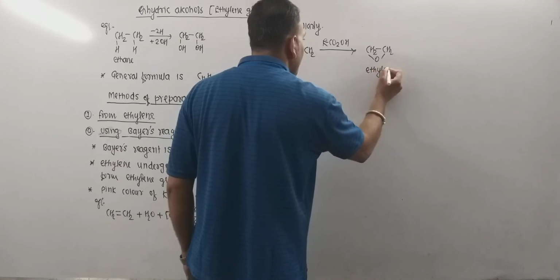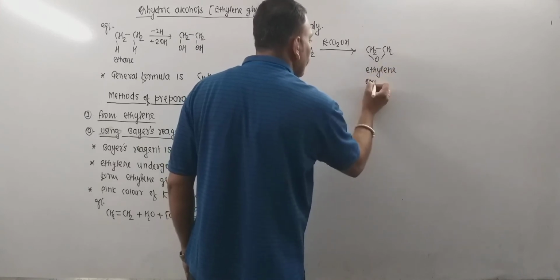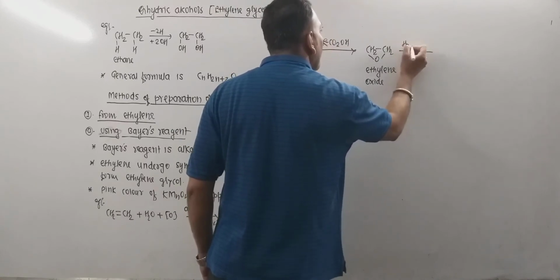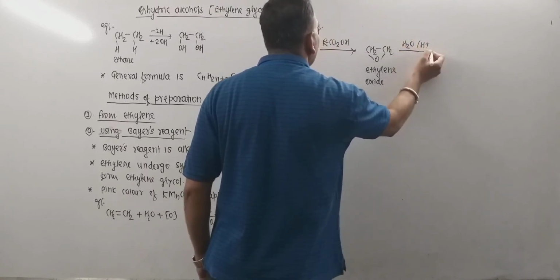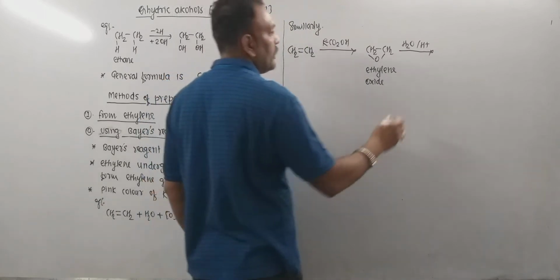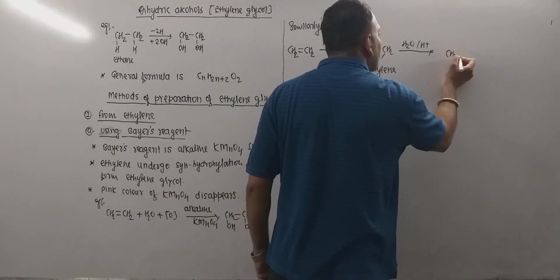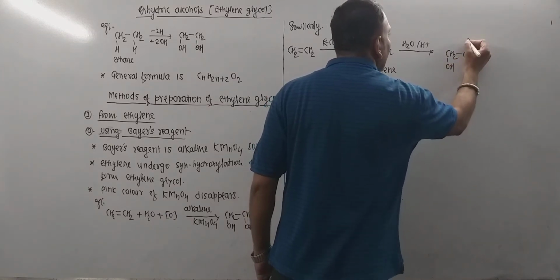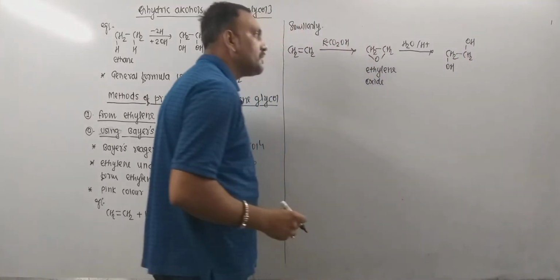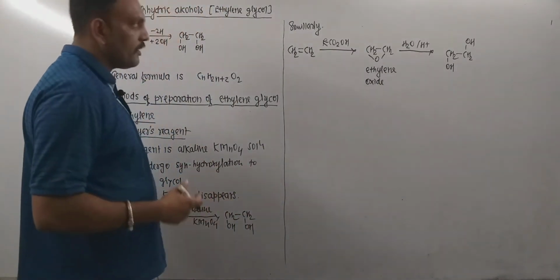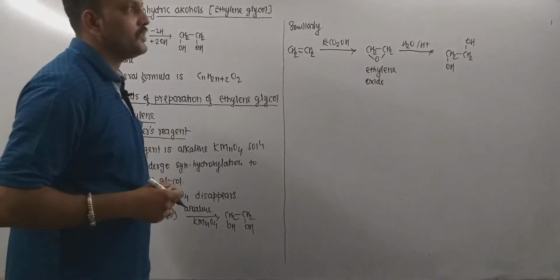This is the intermediate product, ethylene oxide. Now this ethylene oxide is to be hydrolyzed using a dilute acid like HCl, and when we do this, anti-addition takes place, and as a result ethylene glycol is obtained. In this way, starting from ethylene, glycol is prepared in two different ways.